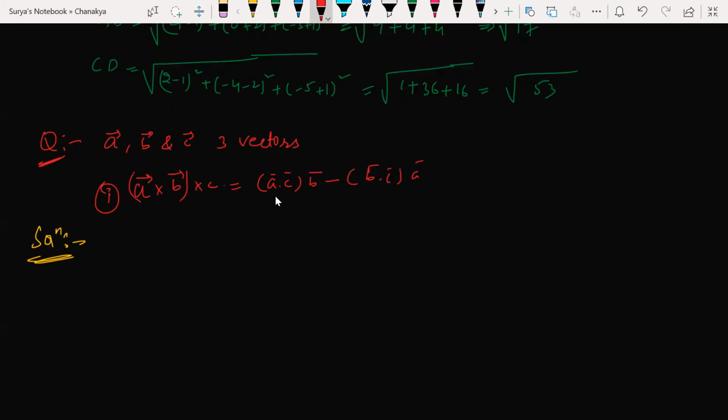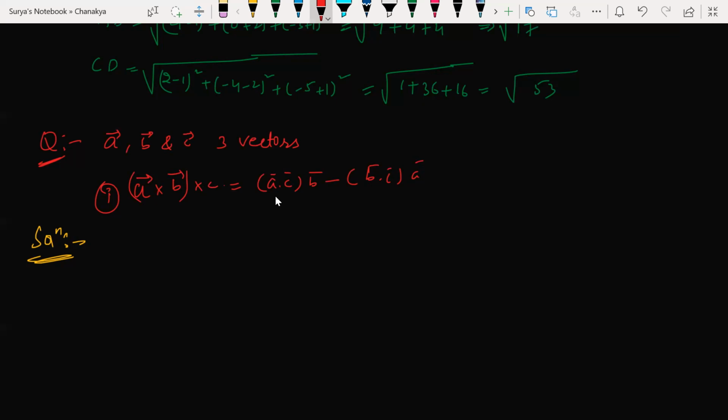Okay. How do we go about this? Tell me. Very simple question. Think. First do the cross product. That means for both sides do the cross product.